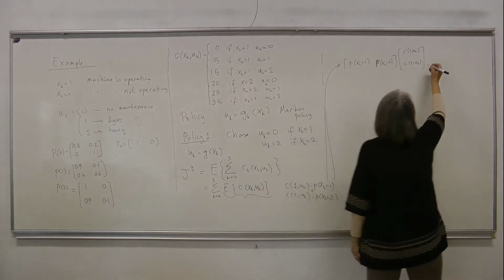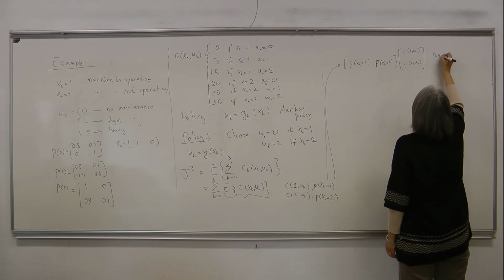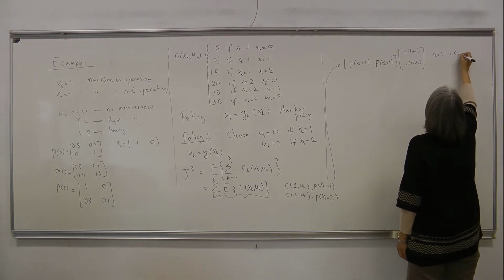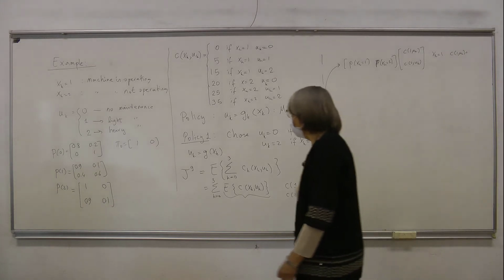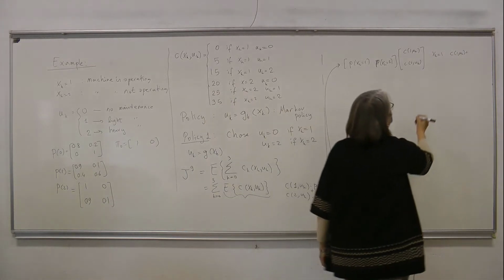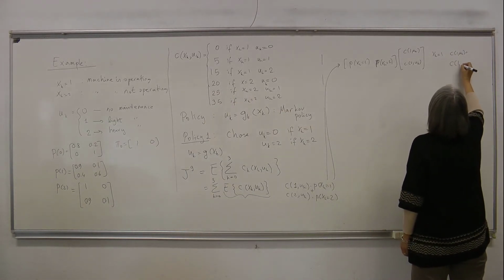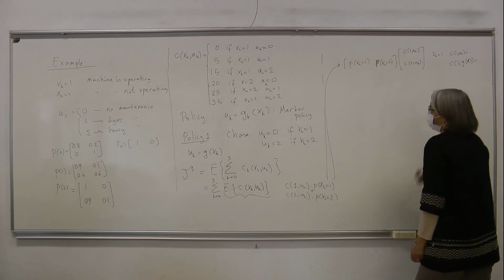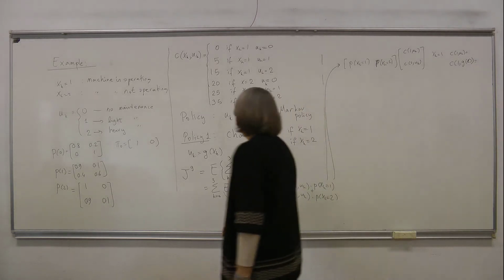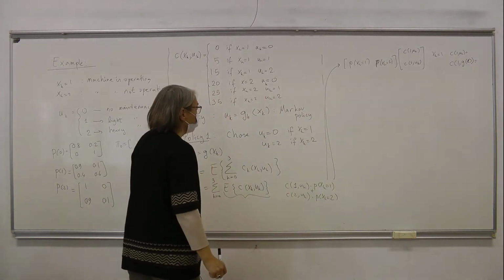We know that when xk is equal to 1, C of 1 uk is equal to C of 1, g of xk, g of 1, and C of 1, g of 1. Let's see what g of 1 is.